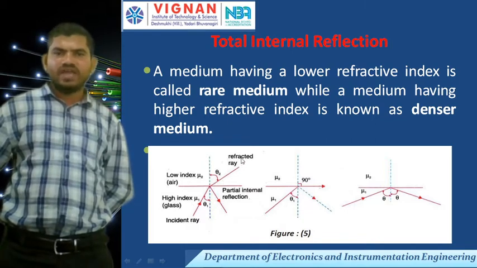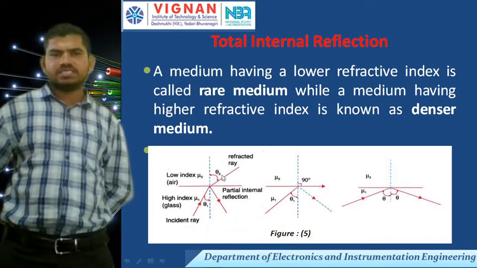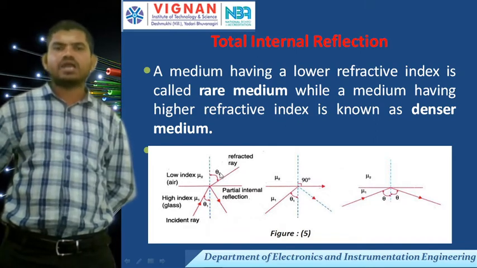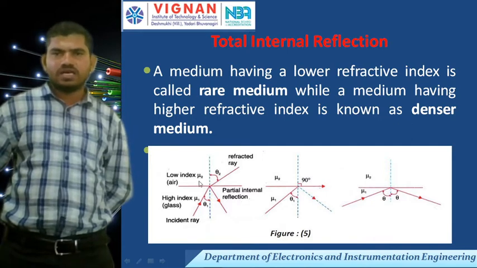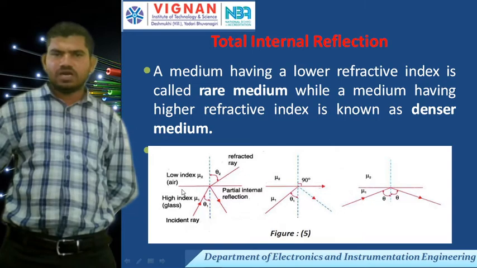Here this refracted ray moves away from the normal, away from this surface. The angle is theta r or r. Here the refractive index of the rarer medium is mu2 or n2. Here this is the normal surface.